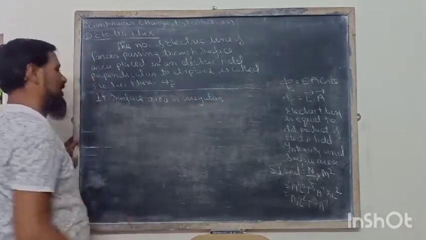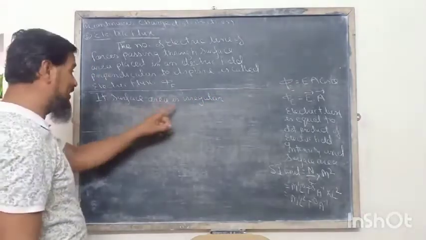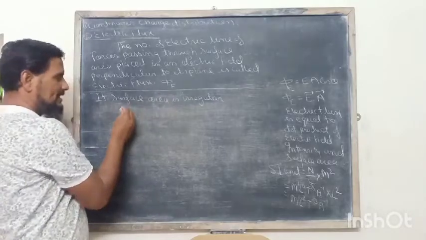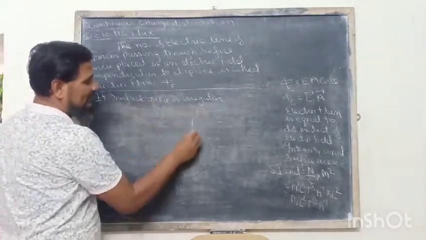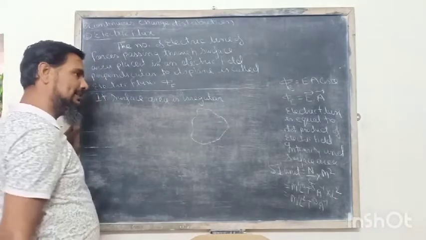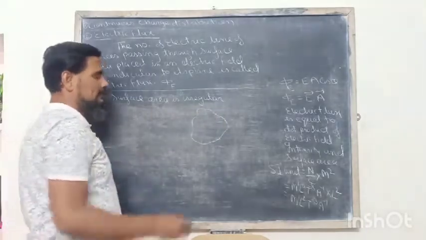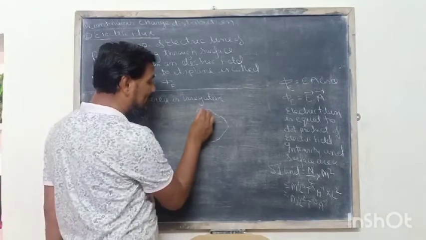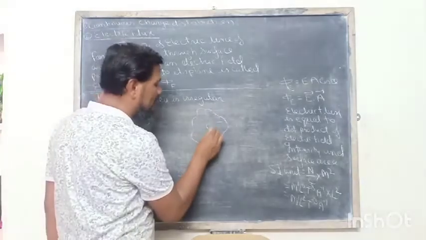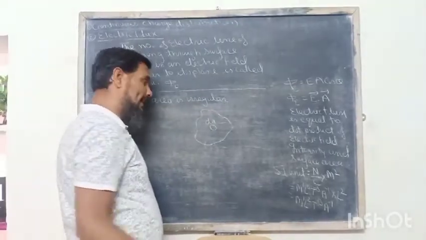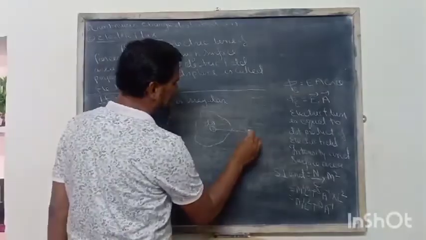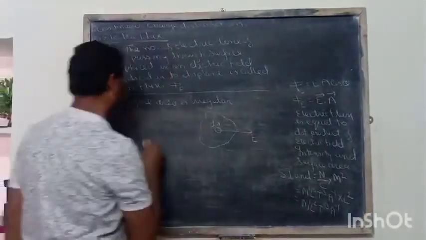If the surface area is irregular, then we consider an irregular surface and we cannot calculate its area, so we divide this area into small area elements, dA. The electric field intensity will be along this direction.